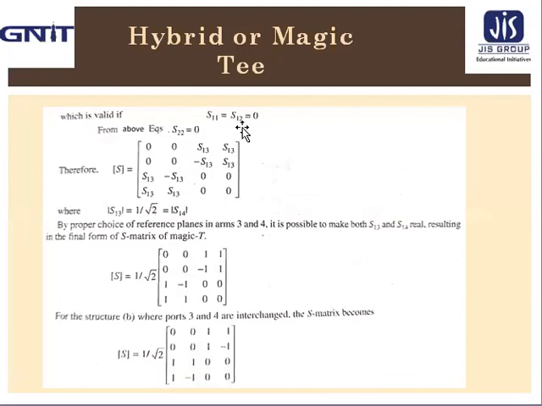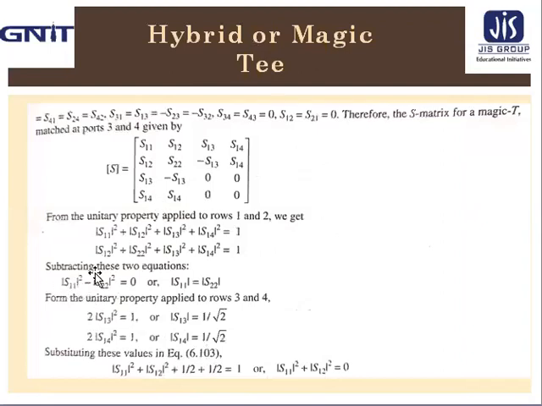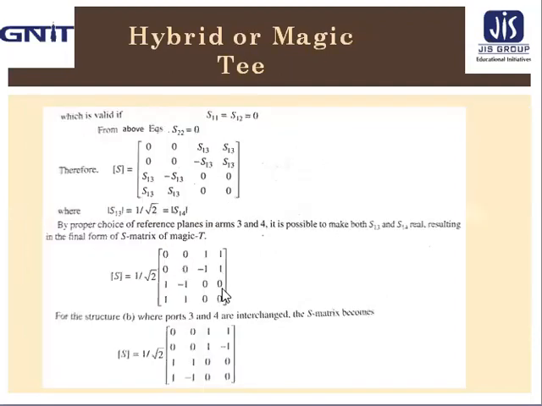Now, from the above equations, this minus this equal to 0, and from the equation which is valid, that S11 equal to S12 equal to 0, we can write that S22 equal to 0.